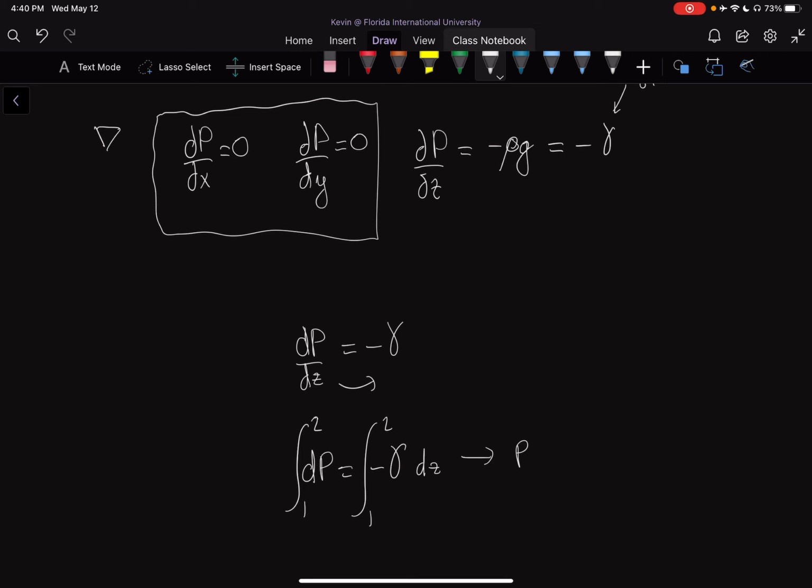We end up getting that pressure 2 minus pressure 1 is equal to minus the integral from 1 to 2 of gamma dz.